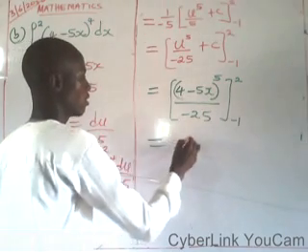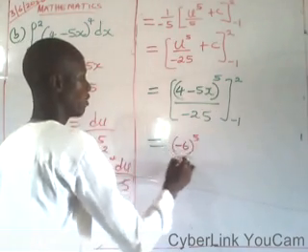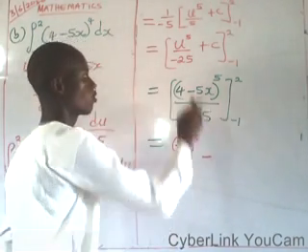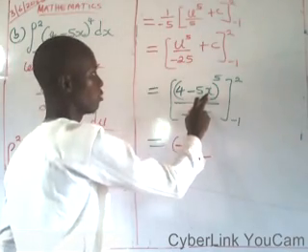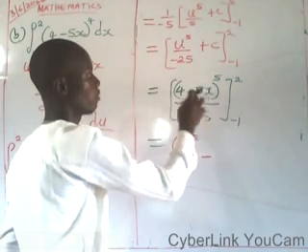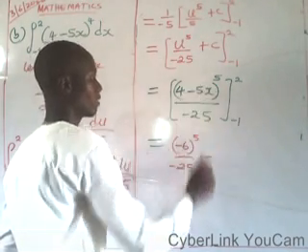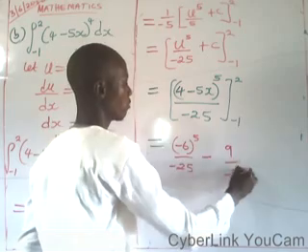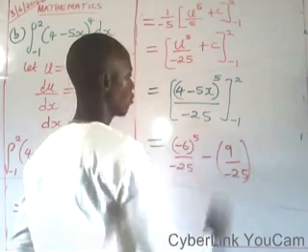That means you have minus 6 raised to power 5 all over minus 25, then minus, if you substitute minus 1 here, you are going to have what? Minus times minus 5, plus 5, plus 4, that is 9. I'm going to have 9 all over minus 25. This is what I'm going to have.